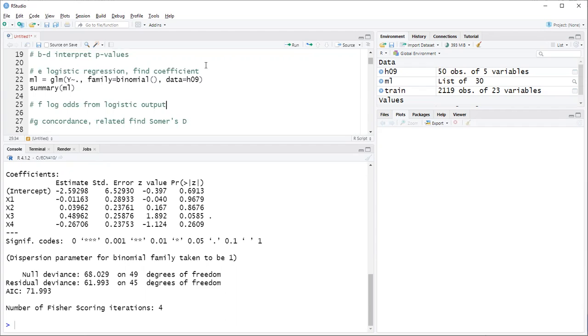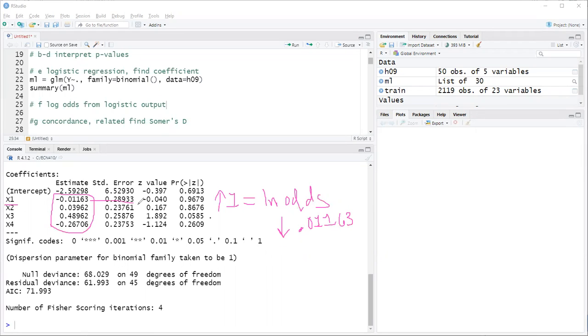So this relates to the mathematical equation for the logistic regression. Again, that's a little bit mathy. It's outside of R and just something you might look at. But what are these coefficients? These coefficients represent the change in the log odds. So let's suppose that x1 increases by 1, that means that the log odds is going to decrease by 0.01163, right?